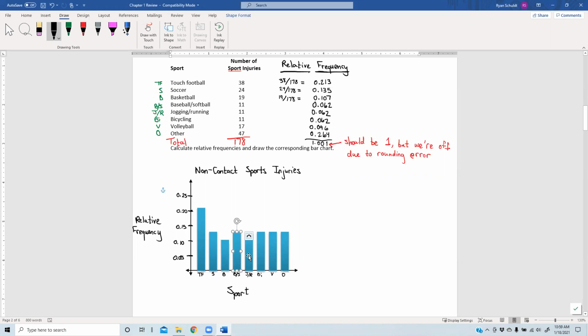Those are all going to be the same height, 0.062. So I'd say about right there. And then volleyball's 0.096. And then other is 0.264. So it's going to be our tallest.